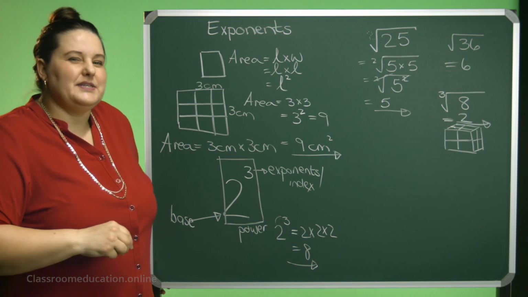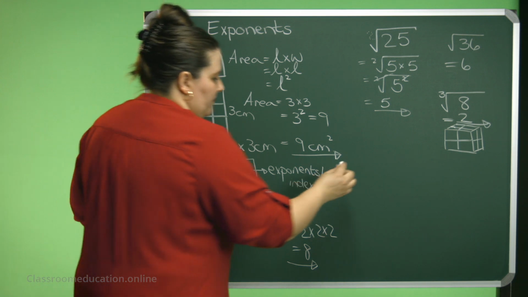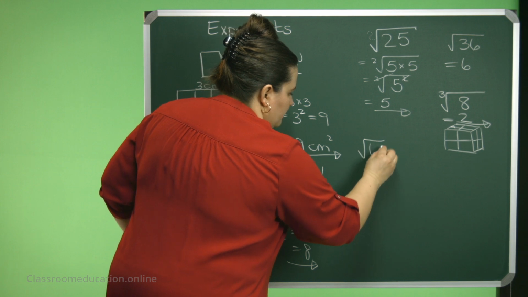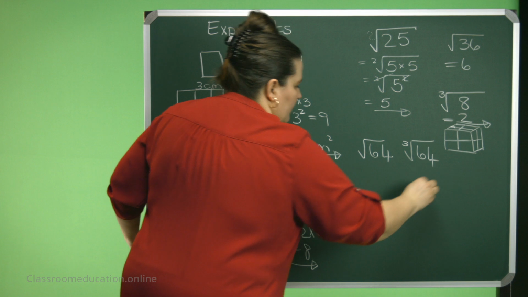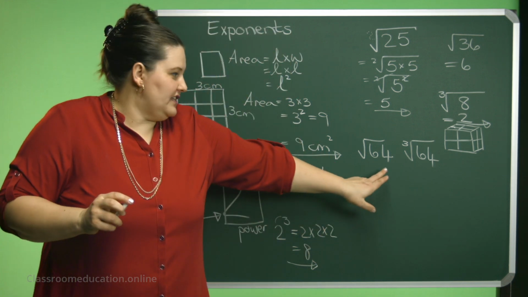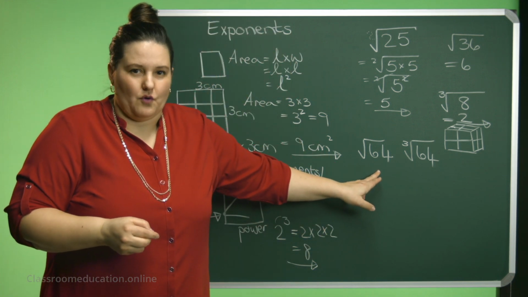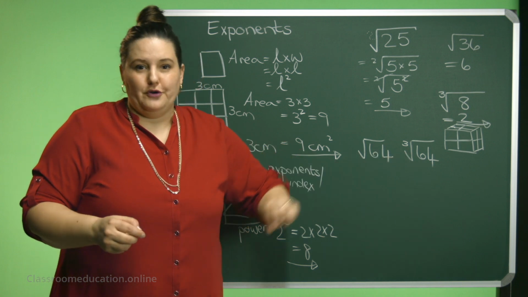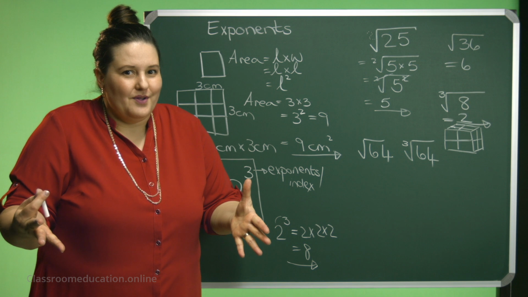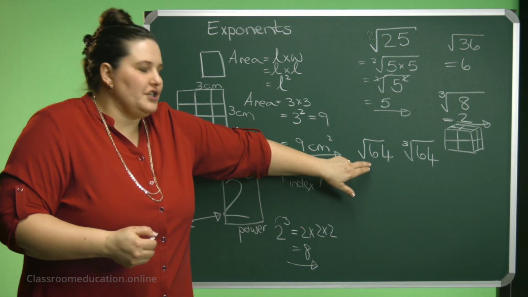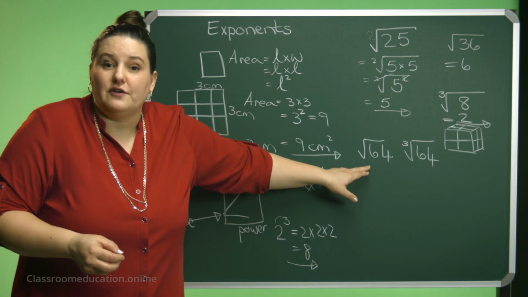Okay, let me see what you can do with the following. I have the square root of 64 and the cube root of 64. Is it a writing error? No, no. So I want you to determine what is the square root of 64.